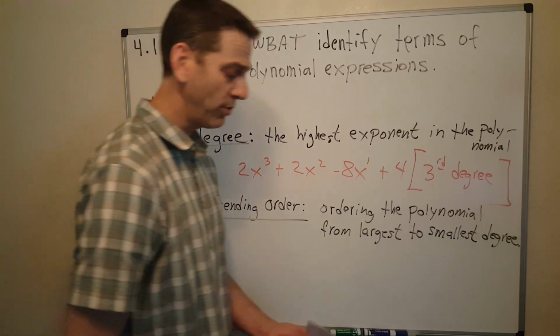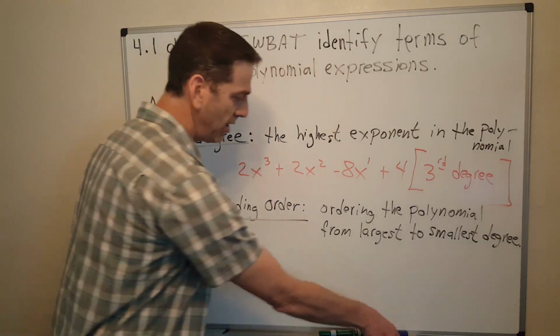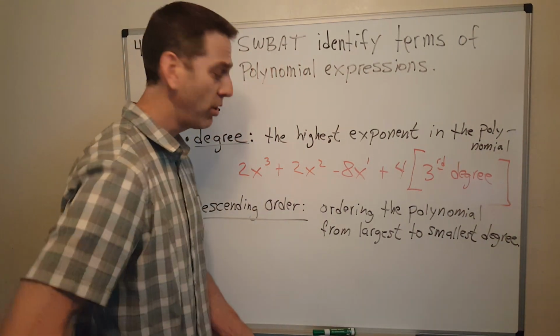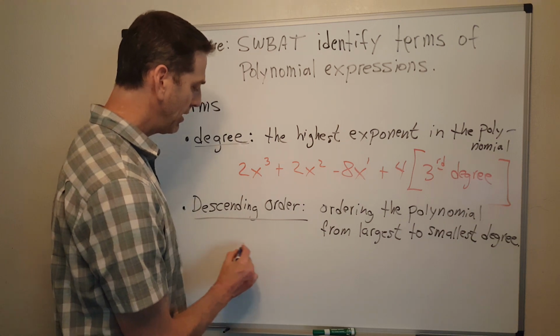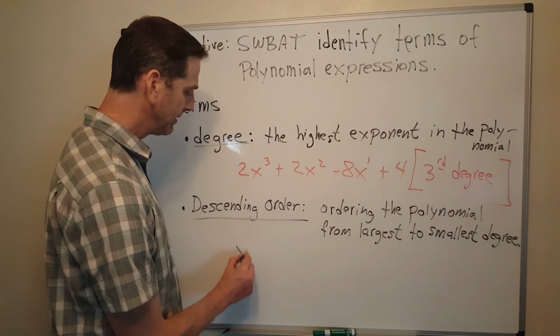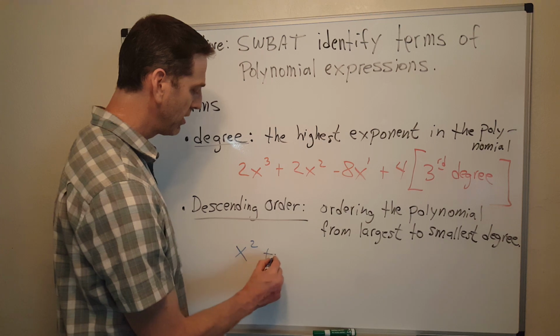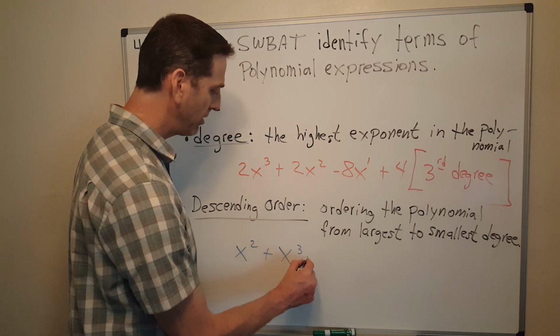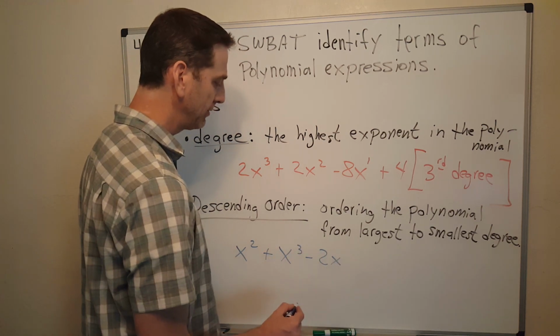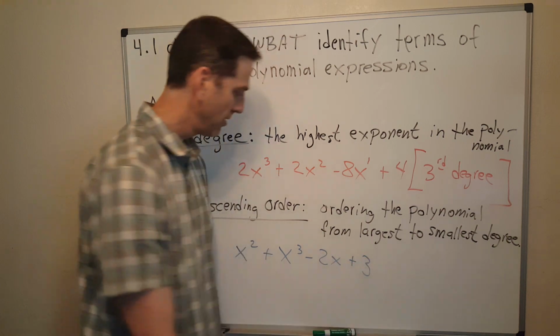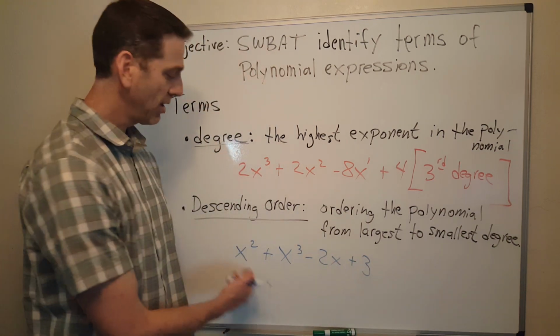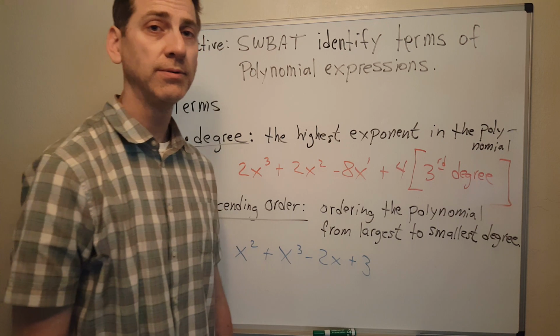For example, if I had the following polynomial, x squared plus x to the third minus 2x plus 3. I have a four-term polynomial here.